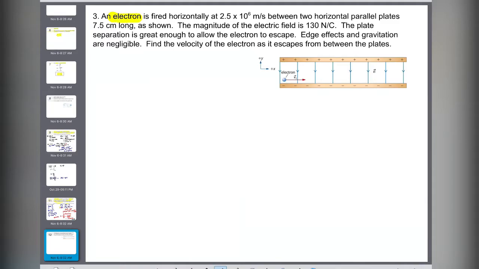An electron is fired horizontally at 2.5 meters per second between two parallel plates, 7.5 centimeters long as shown. So this thing right here is 7.5. I'm going to change it to meters, so it's 0.075.